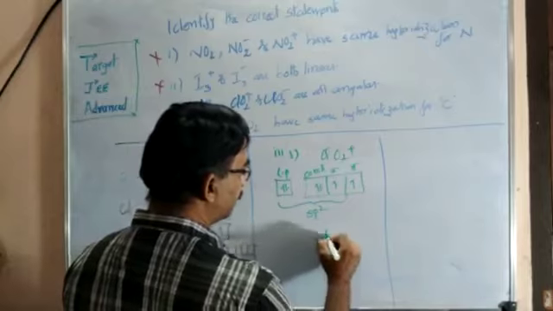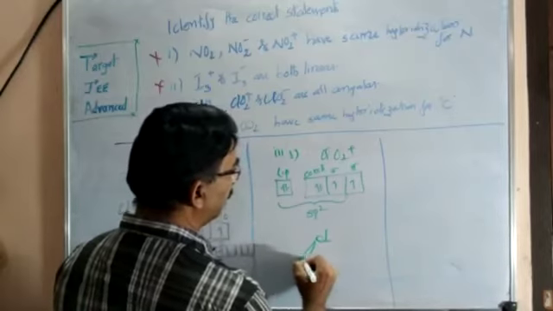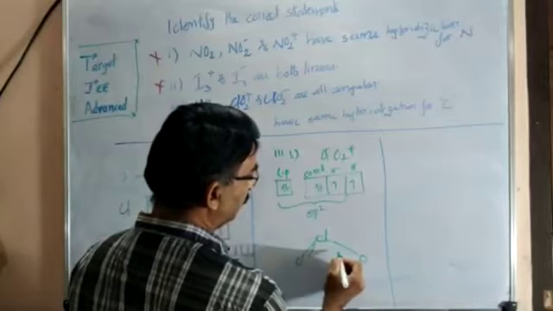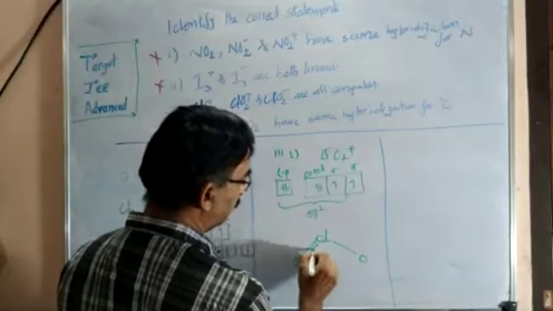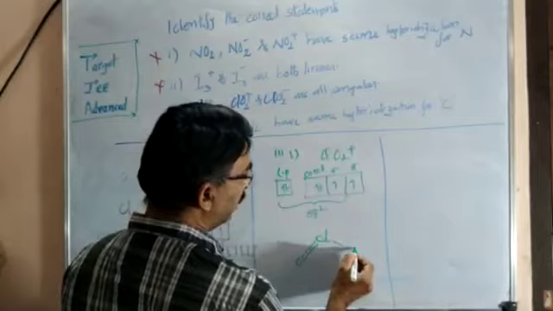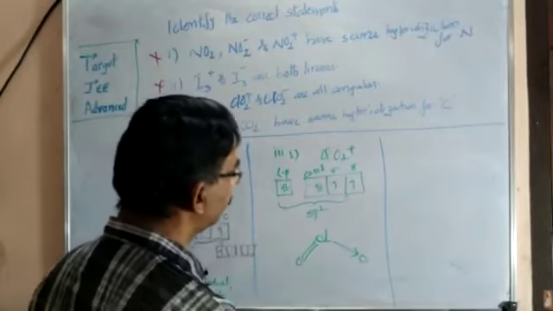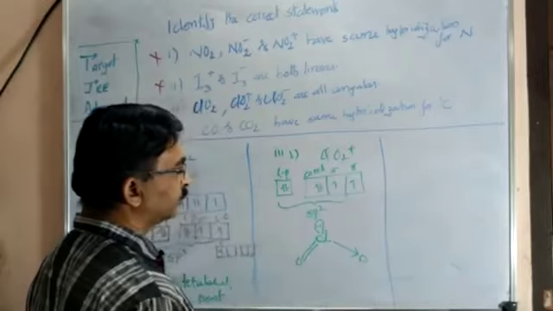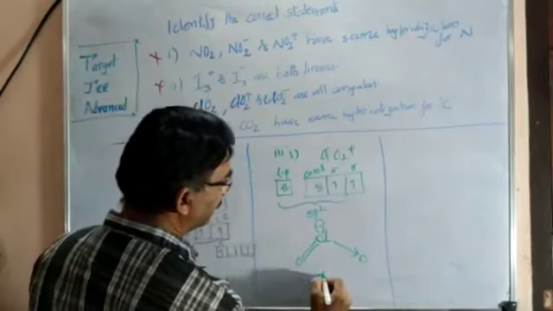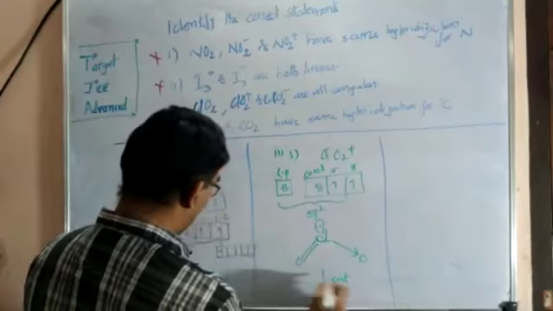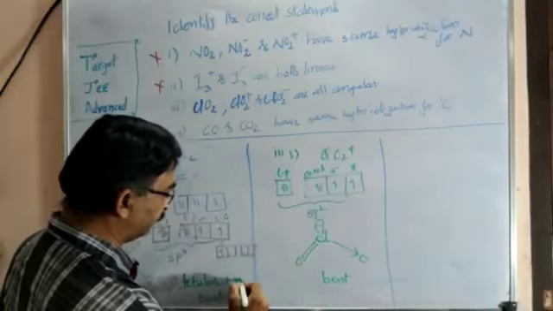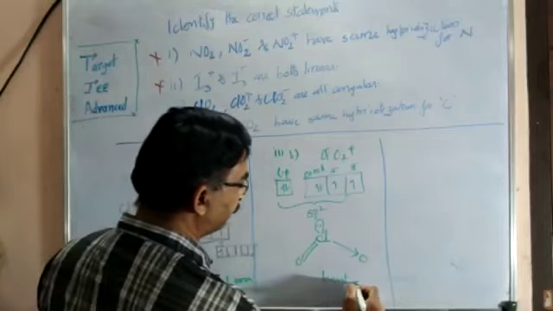So Cl, double bond O, involving sigma and pi, and a coordinate bond, and it is having a lone pair. So this is also bent. This is paramagnetic. This is diamagnetic.